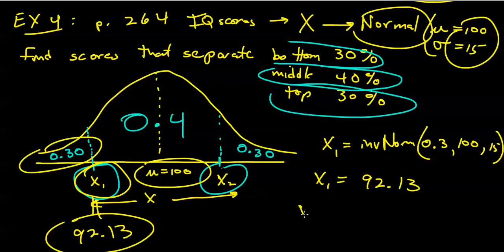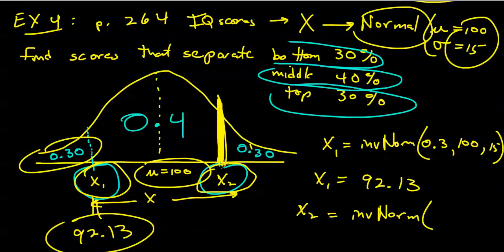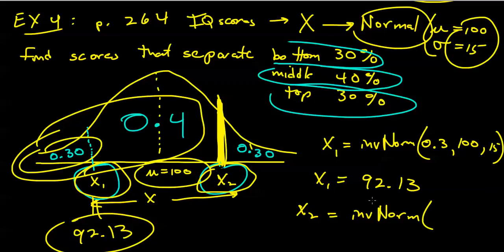So x sub 2 should be above 100. Let's try it. X sub 2 is going to be inverse normal. Again, you get there through your distribution menu, hit that second gold button and the DISTR command above the VARS button. Inverse normal command, and you want the area to the left. Now, be careful here, the area to the left of this x2 value is going to be 0.4 plus 0.3, that's 0.7.